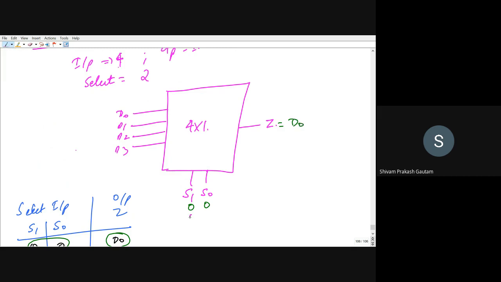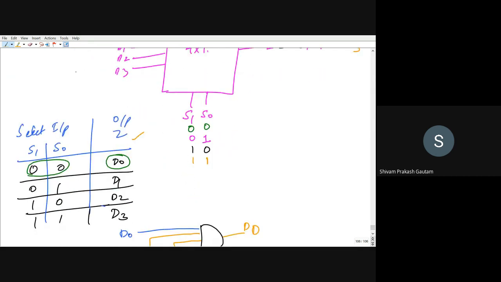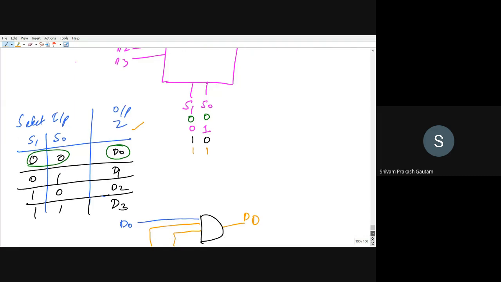When S1 is 0, S0 is 1, we will be getting D1 at the output. When S1 is 1, S0 is 0, we will be getting D2 at the output. When S1 is 1, S0 is 1, we will be getting D3 at the output. So this is what I have shown in this functional table. This is clear? Yes. Okay.